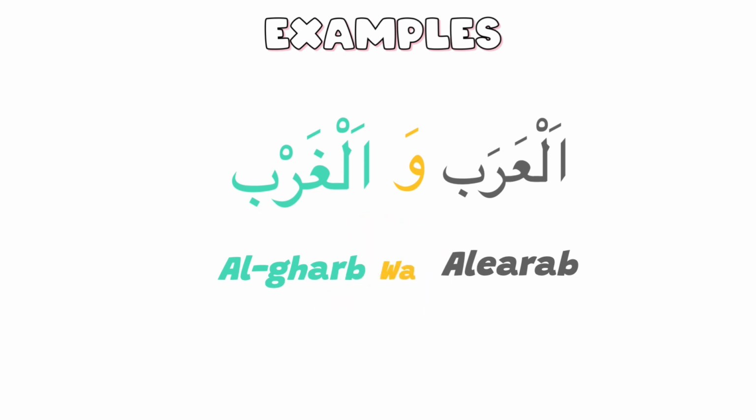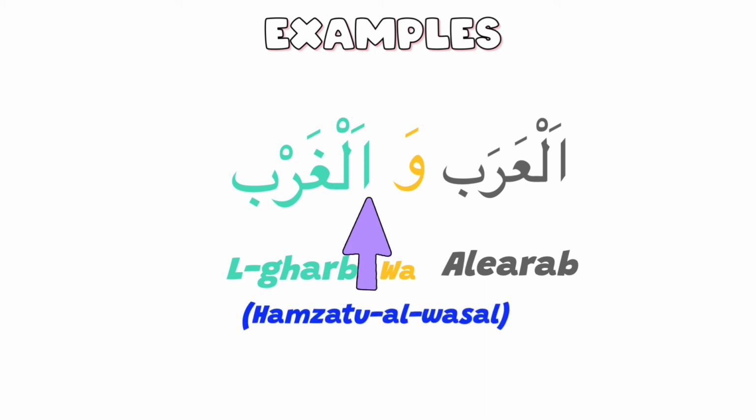The correct way to read it, whenever you see al before which there is a sun letter, is العرب والغرب. Don't say it kind of connected like that. And any alif that has a sun letter before it, you would consider to be hamzat al-wasl.